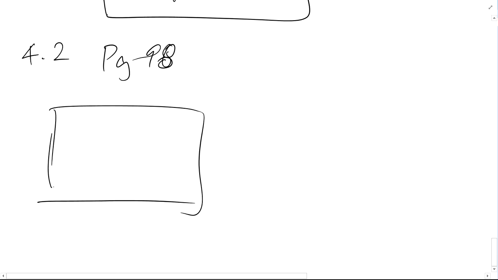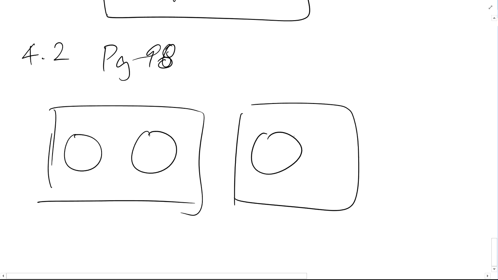Now this is 4.2. I've already introduced you to most of the ideas behind Venn diagrams. So we look at page 98. There are three different diagrams that they drew for you.